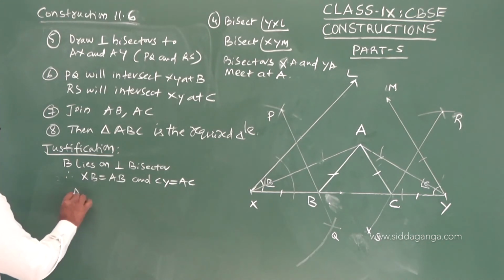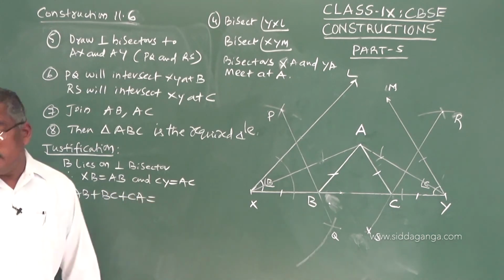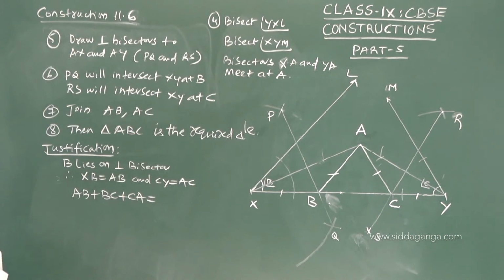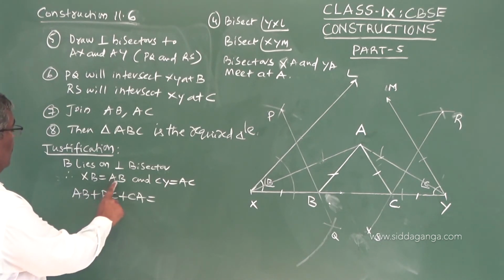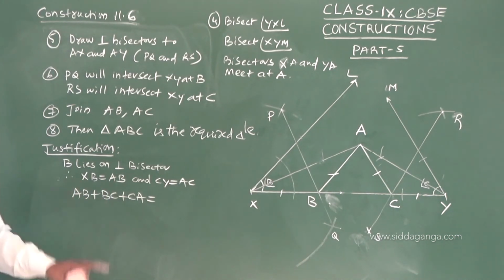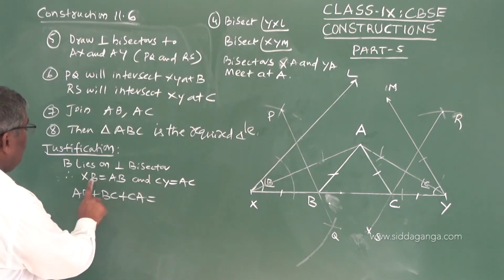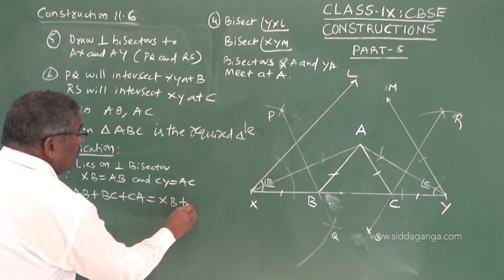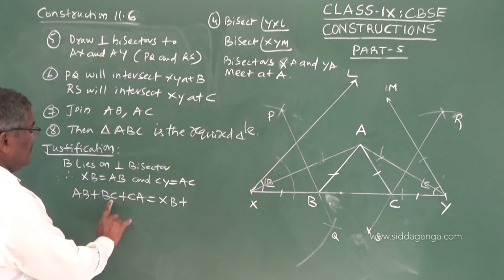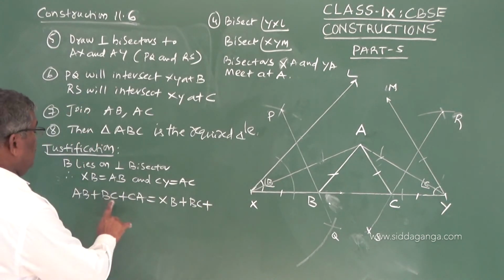Now, AB plus BC plus CA equals, AB is XB. You can see here, instead of AB, I will put XB. So XB plus BC, I will keep it as it is, plus CA.